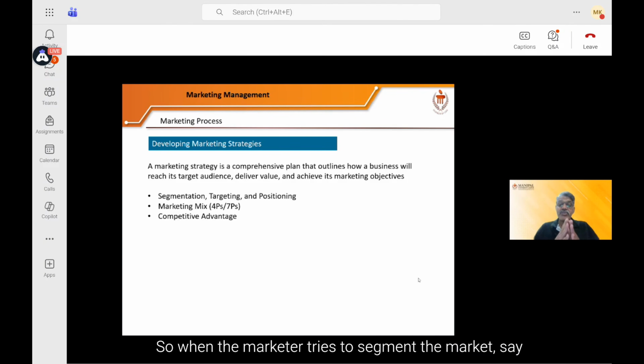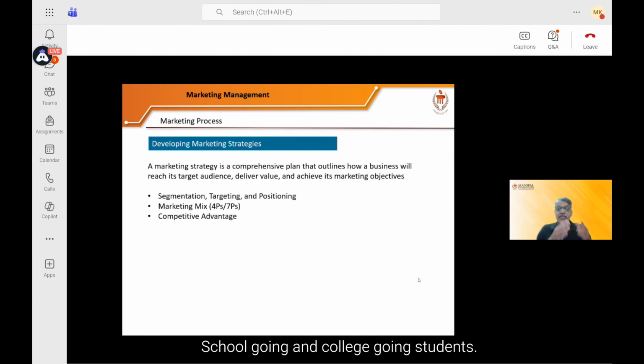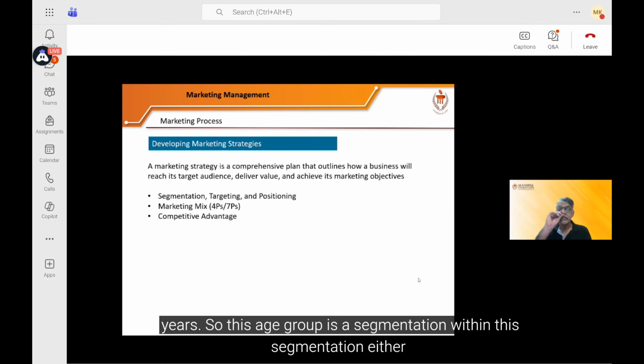When the marketer tries to segment the market, take an example of notebooks. Notebooks are generally purchased by school going and college going students. So the age group of say 2 years to 21 years or 19 years. This age group is a segmentation.